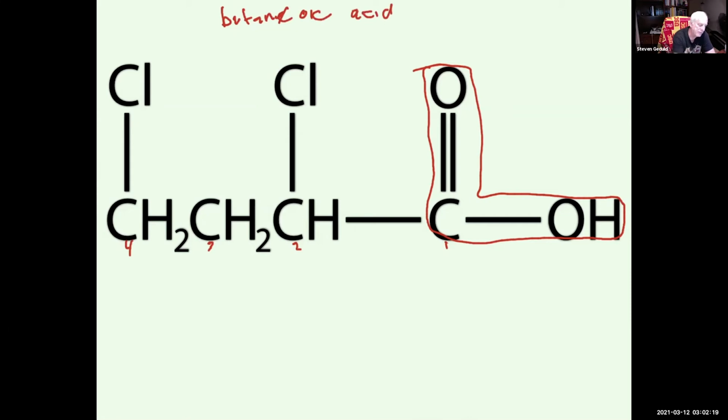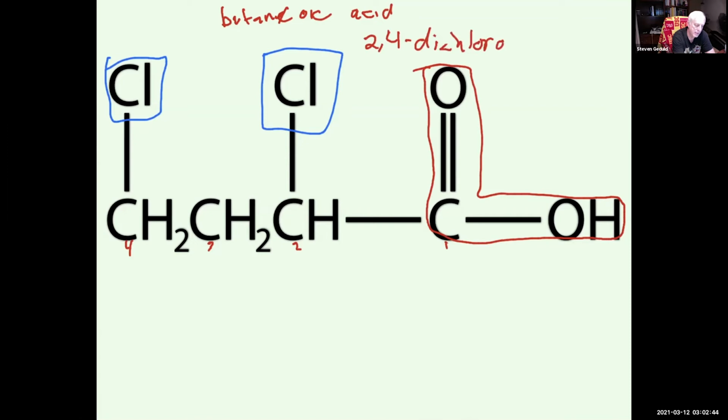And now we have 2 substituents, or 2 attachments to that chain. One's at number 2, one's at number 4. So now we name it. We have 2, 4, and we have 2 of them. So it's di, and it's a chlorine group. So dichloro, and we add our butanoic acid.